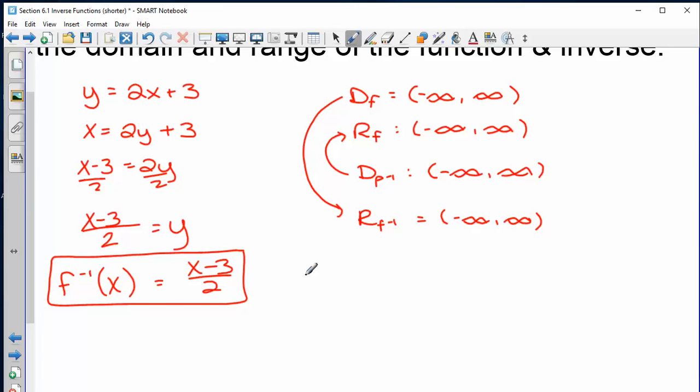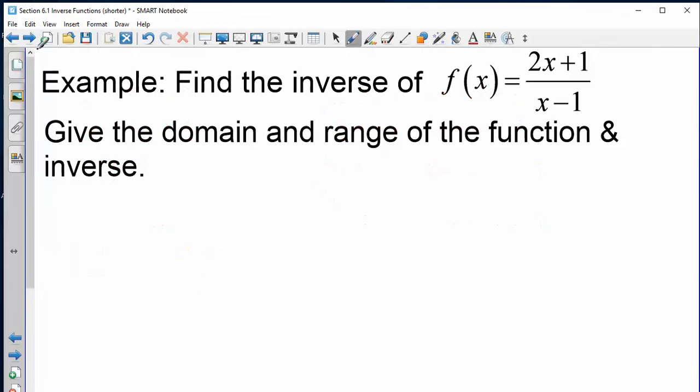Let's do one more. So first step is what? Change f of x to a y. And then we have to switch x and y.